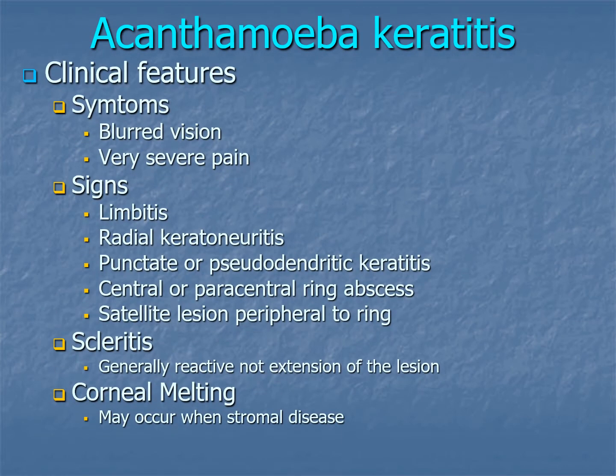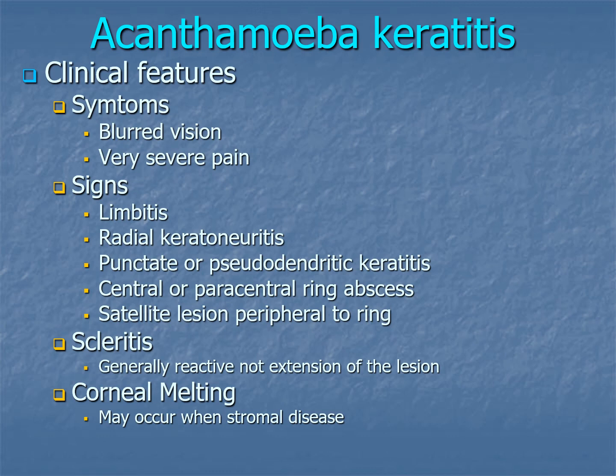So what are the clinical features of Acanthamoeba keratitis? The symptoms are blurred vision and very severe pain, which is inconsistent with the findings of the corneal lesions.